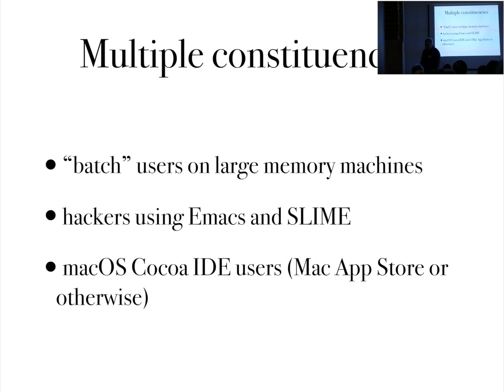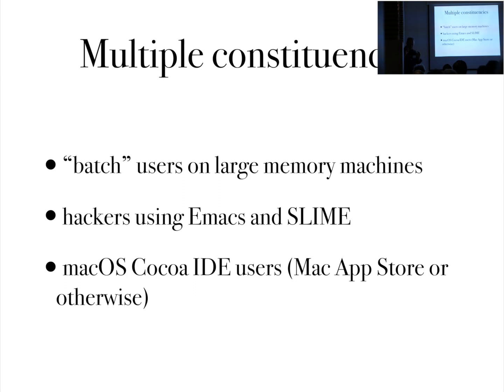I think CCL has a number of different constituencies, and their preferences and their requirements don't necessarily align. There's a certain constituency that uses CCL in batch mode, where they'll run a big job and submit it to a supercomputer cluster, and then they'll crank on stuff.